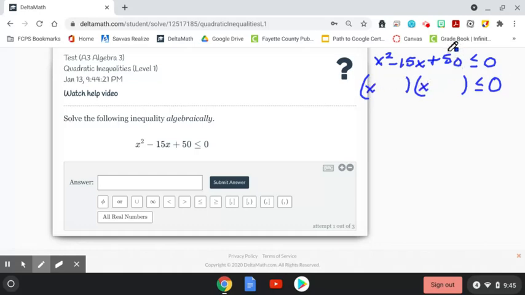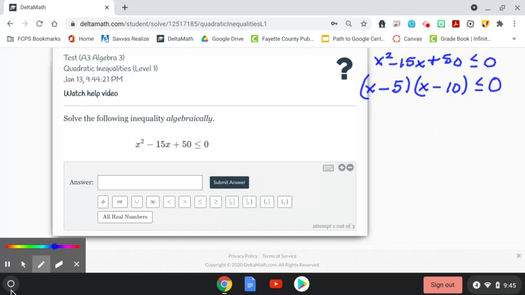Two numbers that multiply to be 50 but add to be negative 15, maybe 5 and 10. If they're both negative, negative 5 times negative 10 is positive 50, and negative 5x minus 10x is negative 15x. So it's factored correctly.